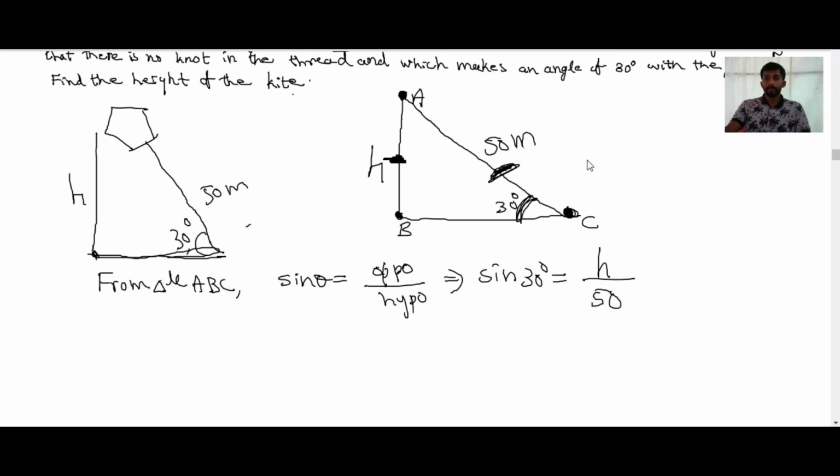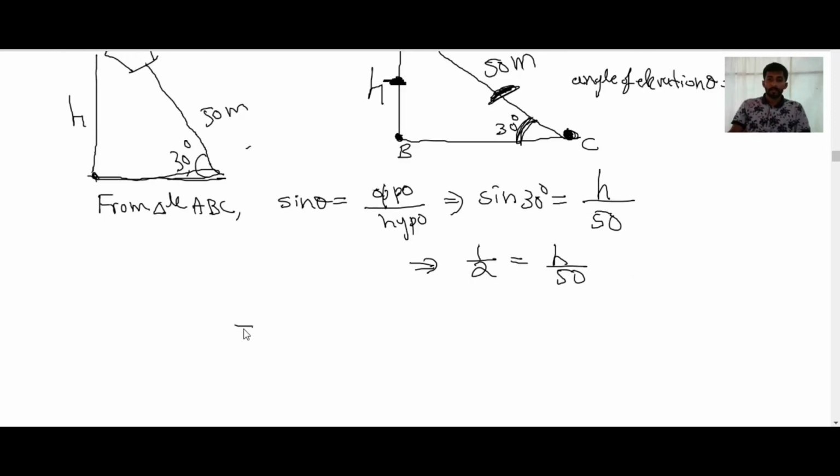Before that, here I'll write angle of elevation, that is theta equal to how much degree? 30 degree. Just to mention the data. Okay, this implies sine 30 degree, that is 1 by 2, equal to h by 50. This implies cross multiply: 50 is equal to 2h. This implies h is equal to 25.